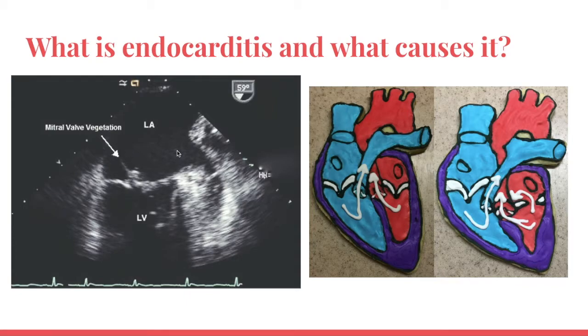Here on the left side of this slide, you can see an image of an echocardiogram with a mitral valve vegetation, which is a collection of bacteria forming a small colony. And this only further harms the valves of the heart, making it more difficult for the heart to pump blood through the body and to the lungs.